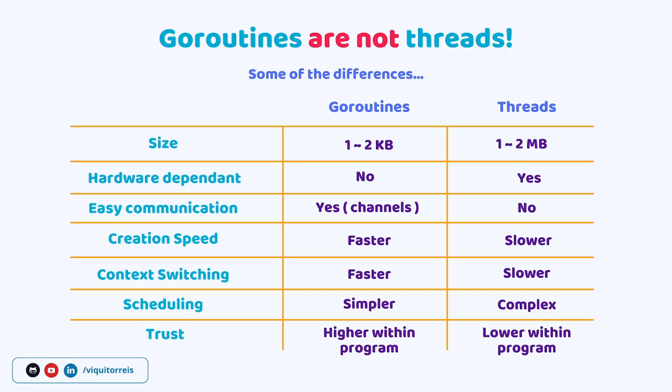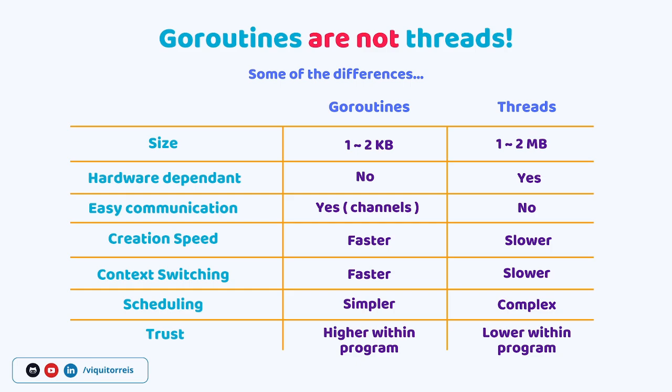So the Go runtime will abstract the underlying hardware. So goroutines do not need to directly interact with the CPU or the operating system. And this abstraction allows the Go runtime to optimize the scheduling and the execution of goroutines without being constrained by hardware specifics.